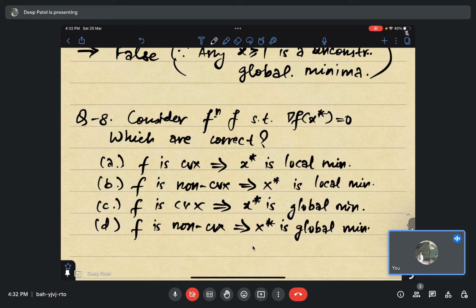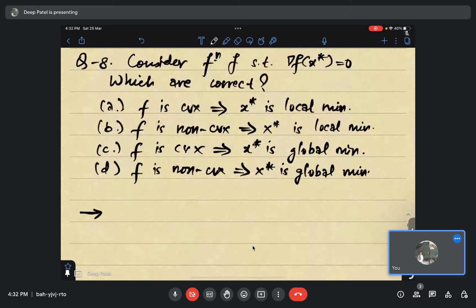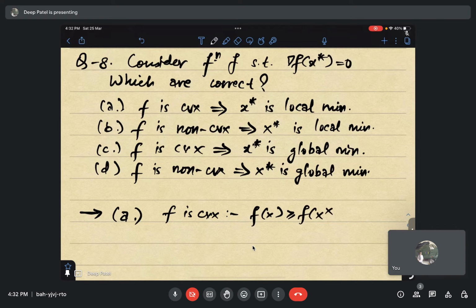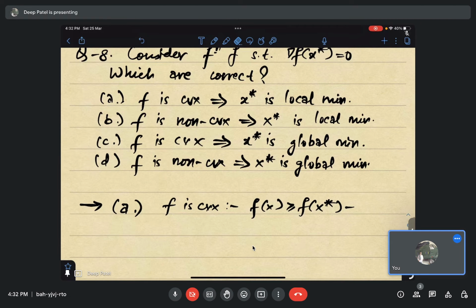So how do we go about this? For the first case, it's true by definition. Let's be a bit careful. f is convex, so what can we say by definition? Every local minimum is a global minimum. That's fine, but we are asking about something else.